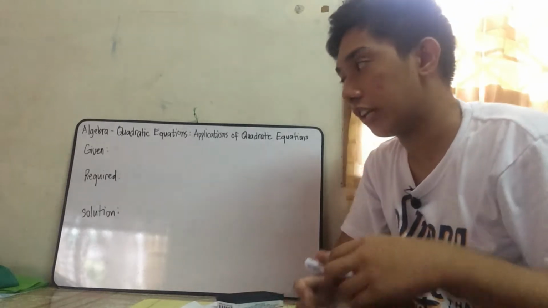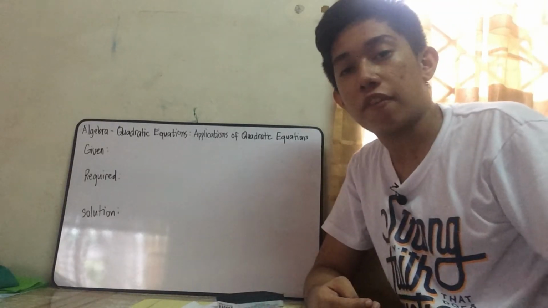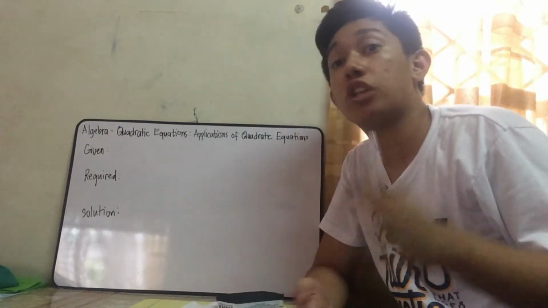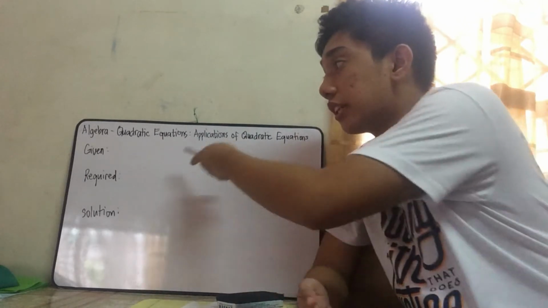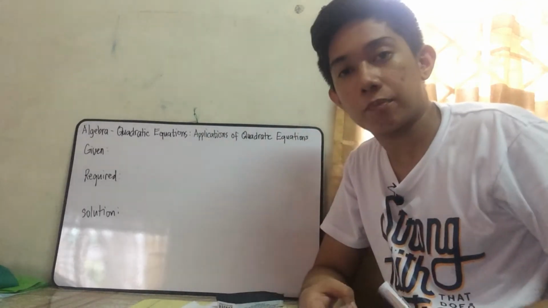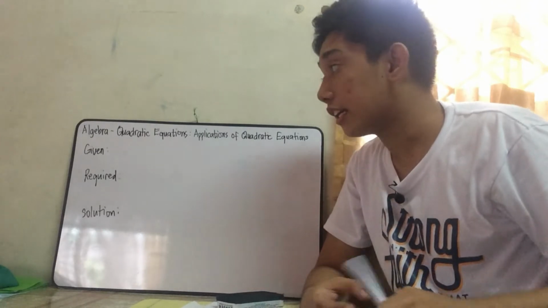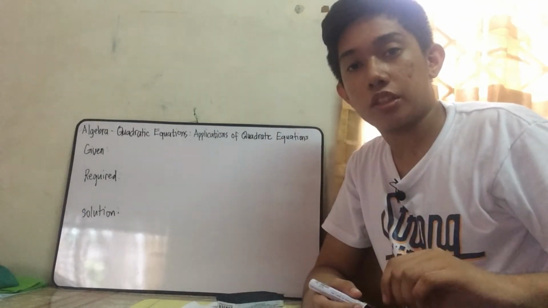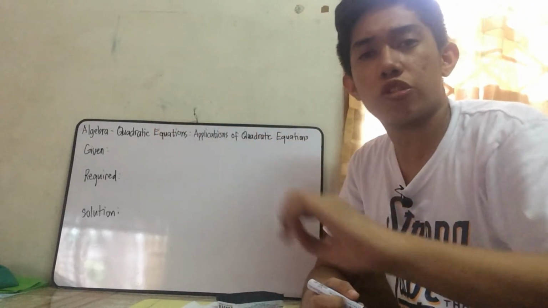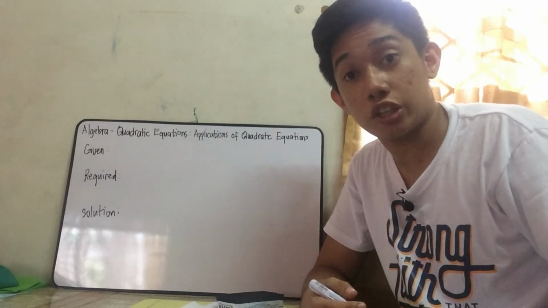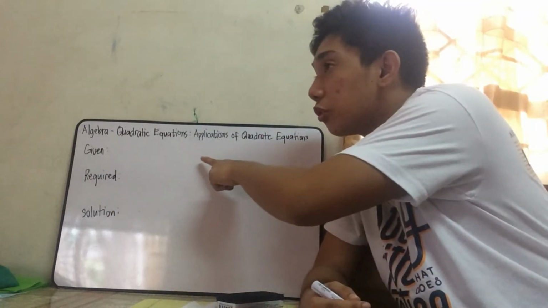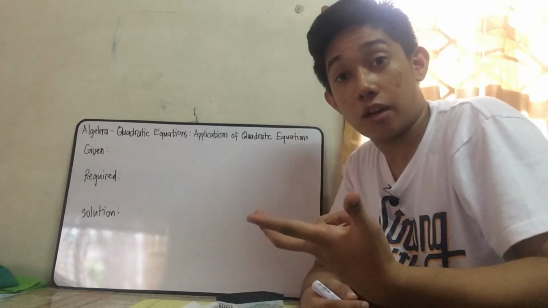So in order to understand the problem, I will introduce to you the 3 steps. The first step is the given. You will list down the given in the problem. Ilalagay mo doon yung conditions, then ilalagay mo yung illustrations doon, so that you will know how to solve this problem.